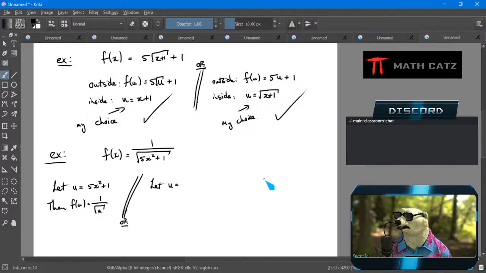There's too many u's floating around. It's confusing. My inside function is u, and I'm talking to you. Because if I see multiple options, it's going to make things better. I have flexibility. Flexibility is good.